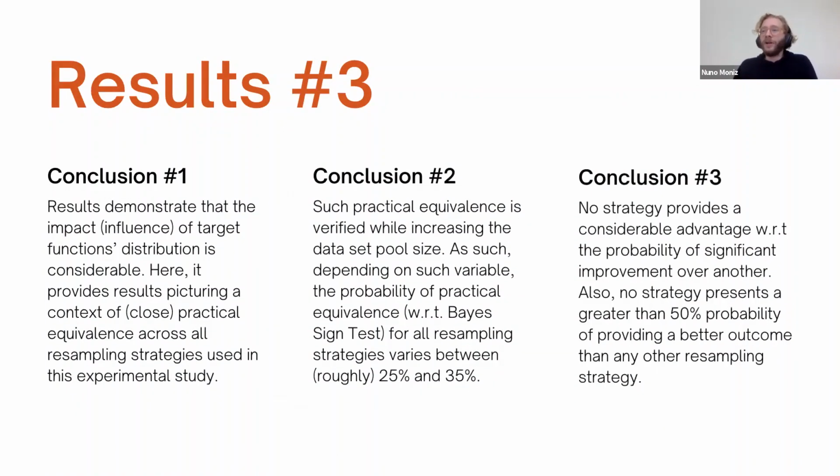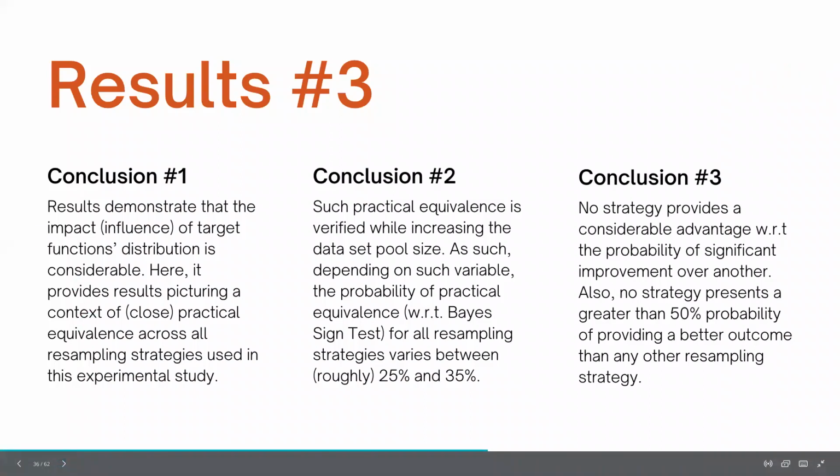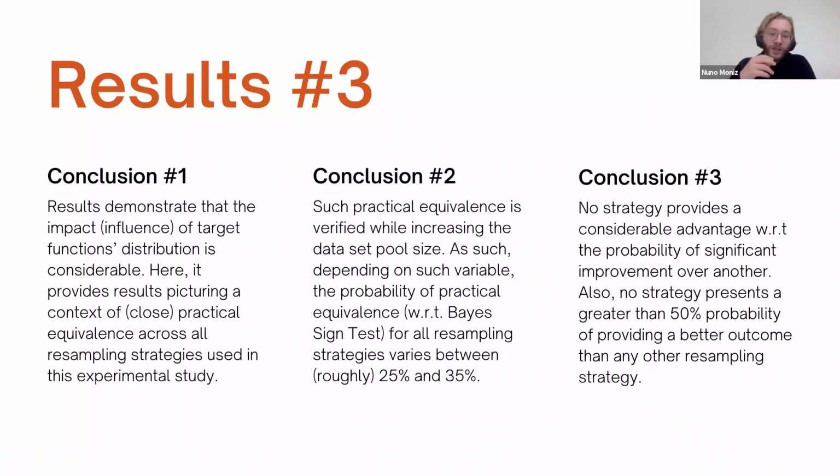So basically, these are the conclusions. But a final conclusion is that, as we observe, there are no strategies that provide a considerable advantage or distinct advantages in relation to all others, and no strategy has a greater than 50% probability of providing a better outcome.